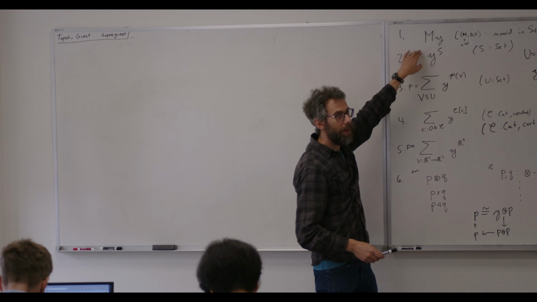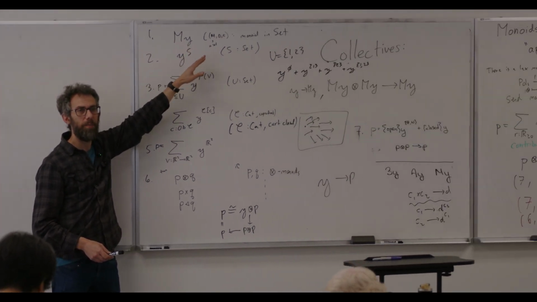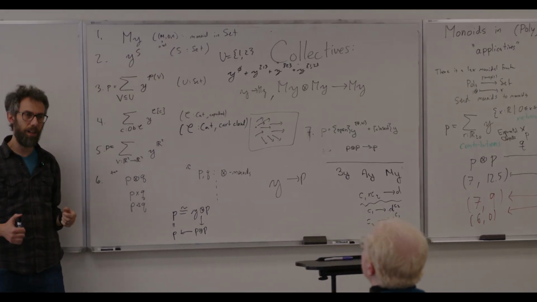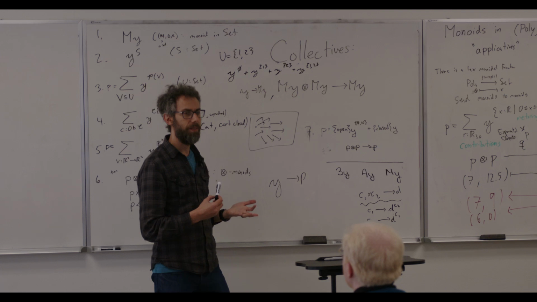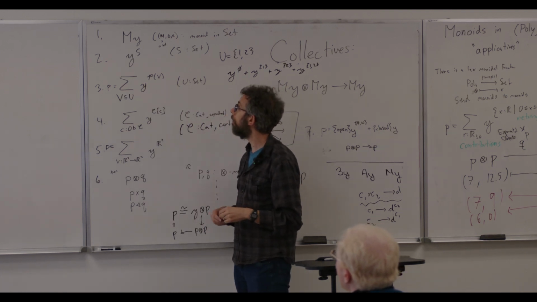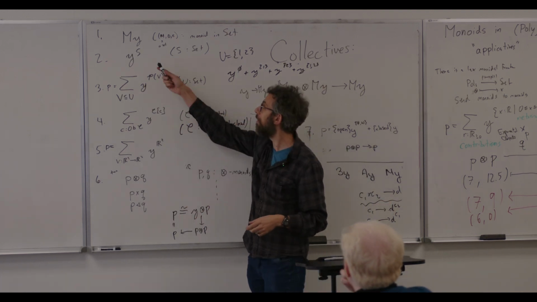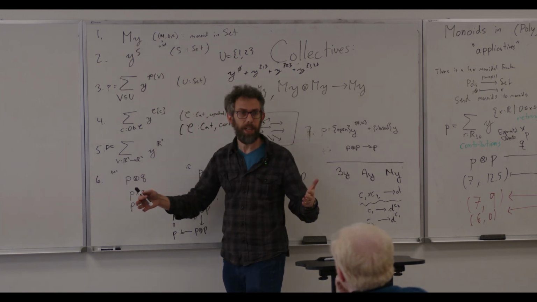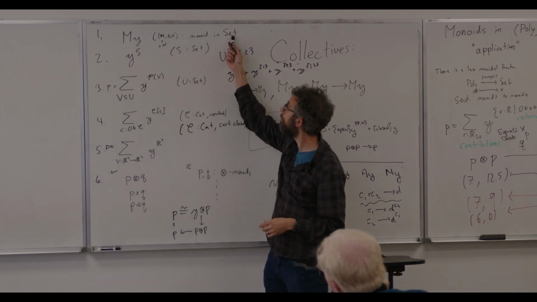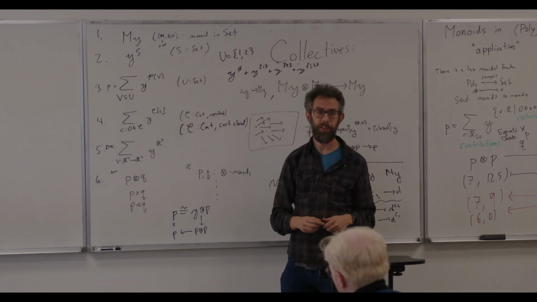Okay, so if M has a monoid structure, then M times Y is an applicative, or a tensor monoid, because you have these various contributors. Each one's contributing an element of M, and we need a way of combining their contributions. Well, we have one because M is a monoid.